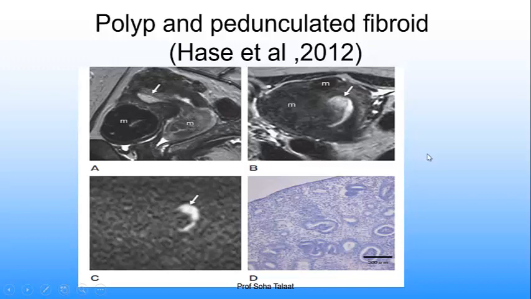So this is a pedunculated fibroid. And there is a polyp here. And this article shows the differentiation. The patient has both, a pedunculated fibroid and a polyp. This polyp is more hyperintense on T2 than the myoma. So this is a polyp and this is a myoma.